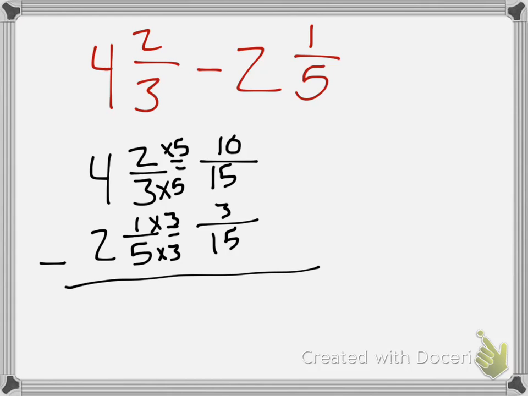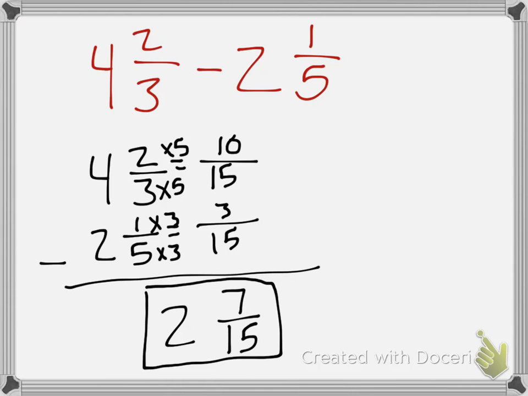Now I'm subtracting, remember, so 10 minus 3 is going to give me 7/15. When I'm subtracting the whole numbers, 4 minus 2 is going to give me 2. Now I look at the 7/15, and I notice that nothing divides evenly into both 7 and 15. So this answer, 2 7/15, is my final answer.